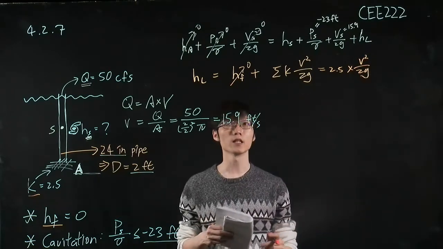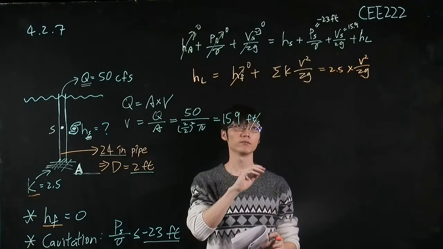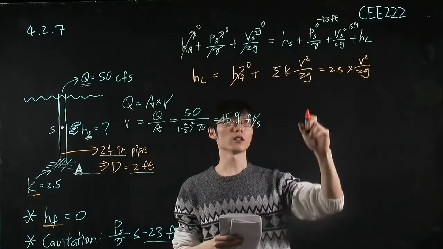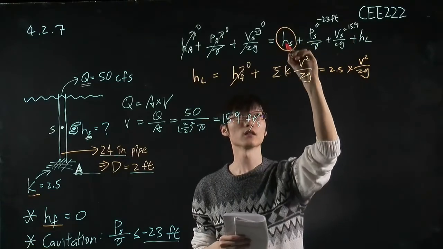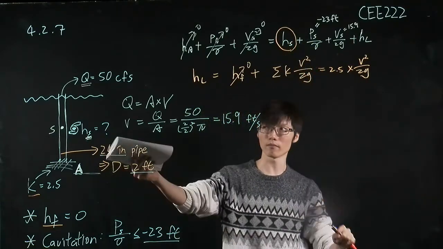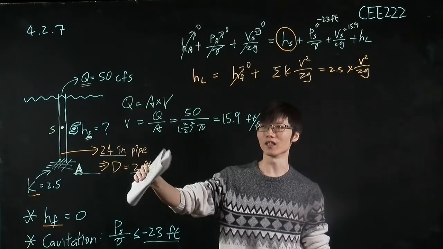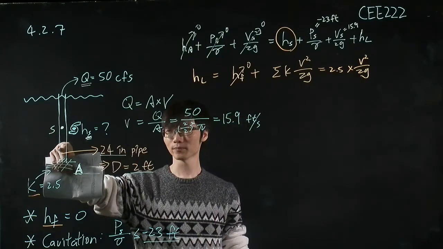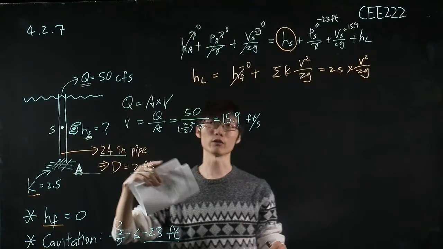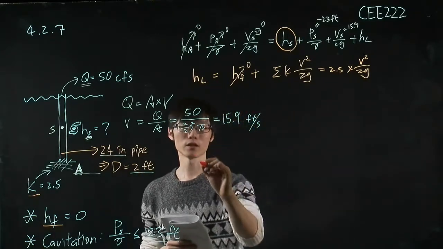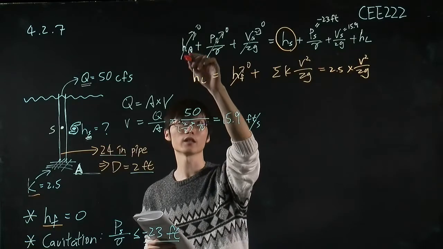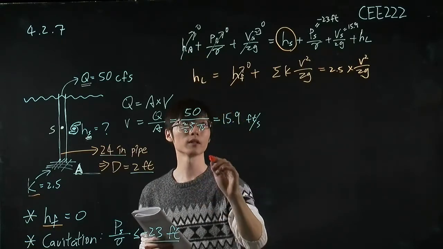Okay. So it seems like we know all of the information, and the only unknown in this energy equation is this height, which is the information that we try to solve for in this problem. Okay, so let me reorganize this equation down here.